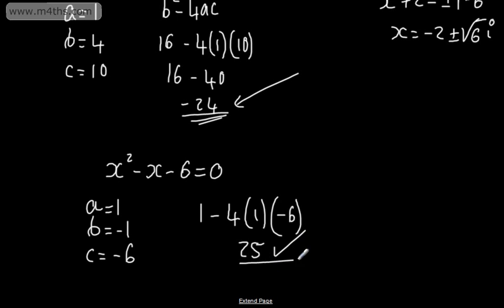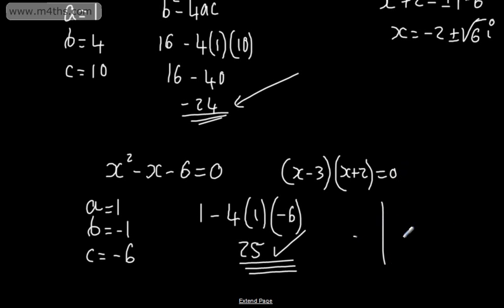So this would have now 2 real roots, 2 distinct roots, as the value of the discriminant is going to be now greater than 0. And the reason I chose that one, if we look at that one, x minus 3, and then we're going to have x plus 2 is equal to 0. That factors, and graphically what we would get here is a parabola crossing at negative 2 and positive 3. That's the scenario that we have.